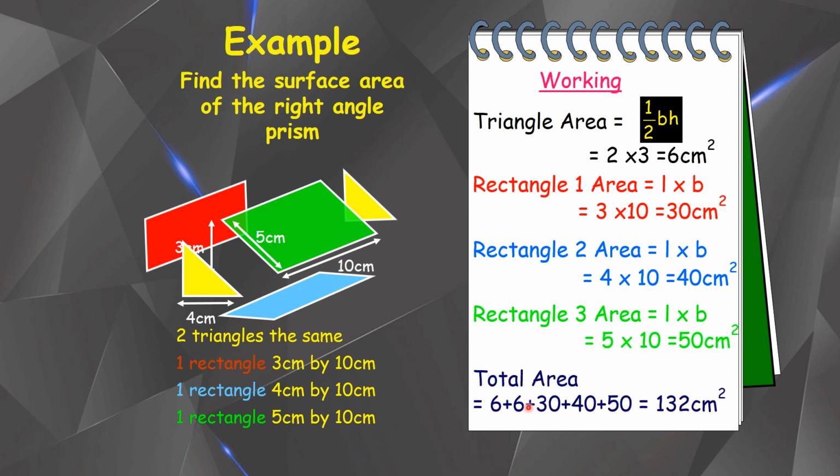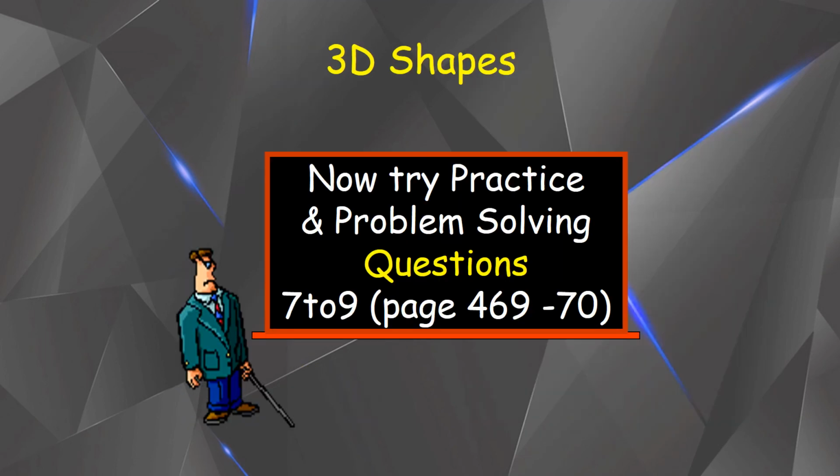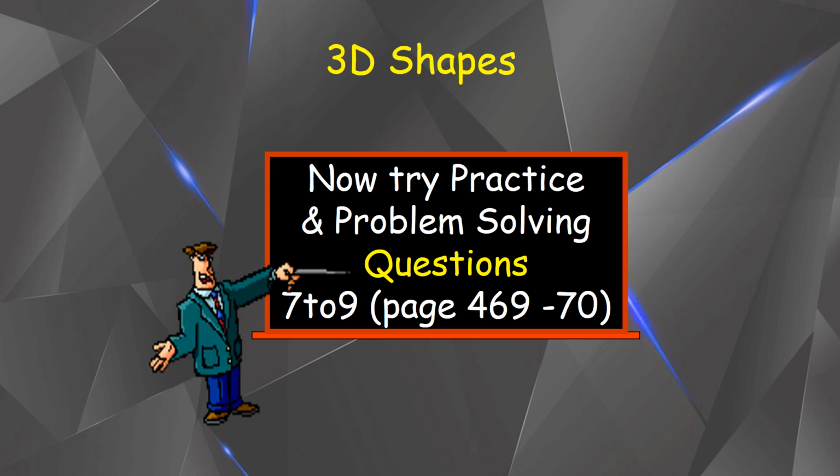So the total area is 6 plus 6 plus 30 plus 40 plus 50. Why 6 plus 6? We know there are 2 triangles, right? So we add up, and the sum will be 132 centimeters square, the total surface area of this right angle prism. Well, now try the practice and problem solving part. Questions 7 to 9, page number 469 to 70.